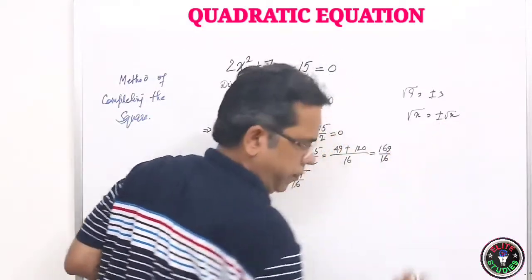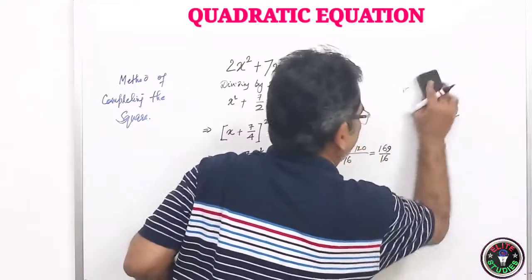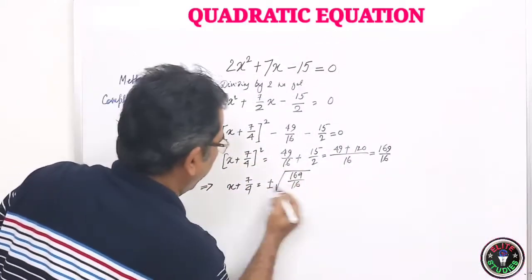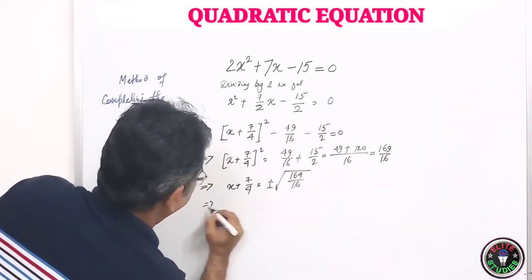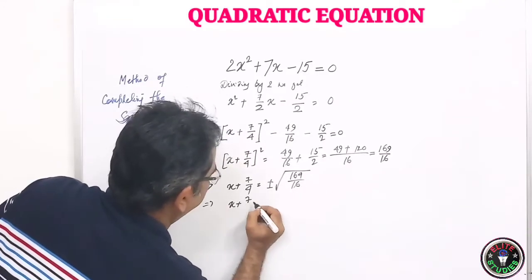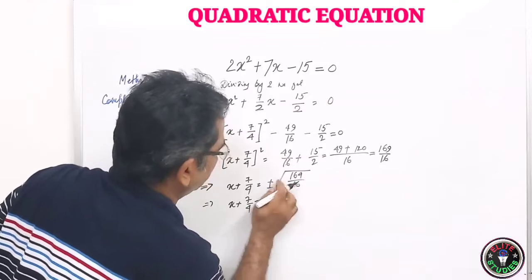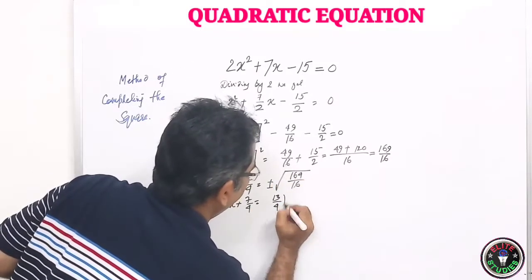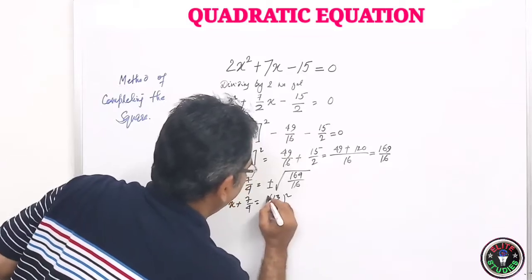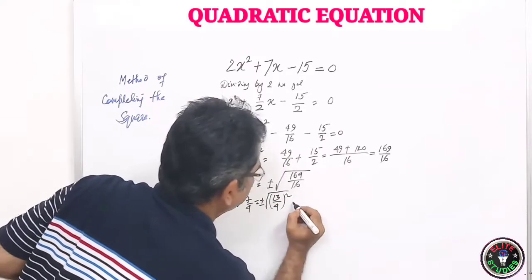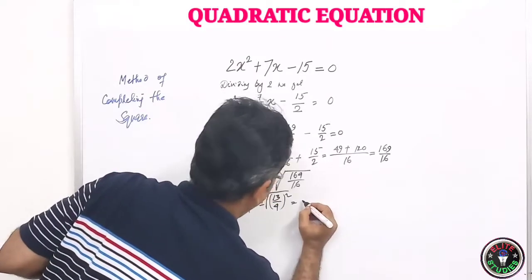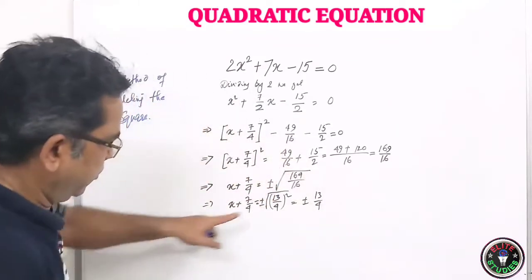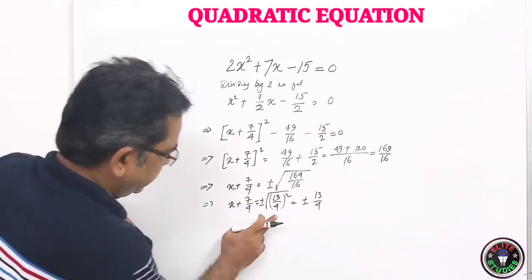So x plus 7 by 4 is equal to, now 169 is 13 square, so it is plus minus 13 by 4. Try to think a little bit.